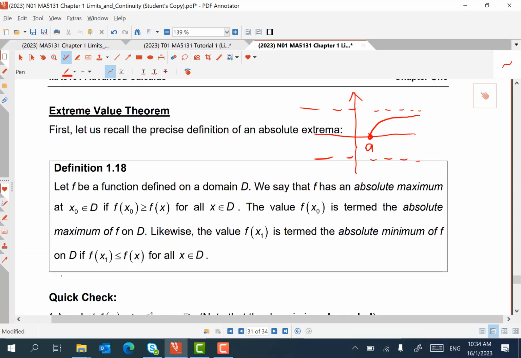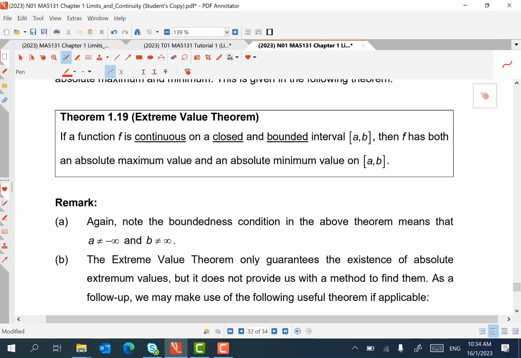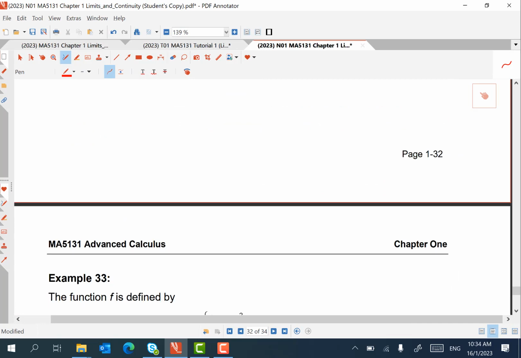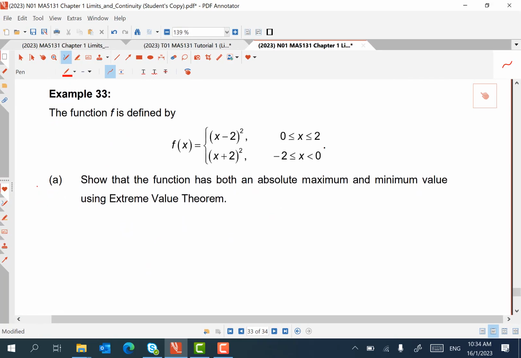Okay, so let's move on to example 33. Have we done the first part of 33? We are done, right? So we have proven that it has both an absolute maximum and absolute minimum by simply proving that this function is continuous on the closed interval from -2 to 2.